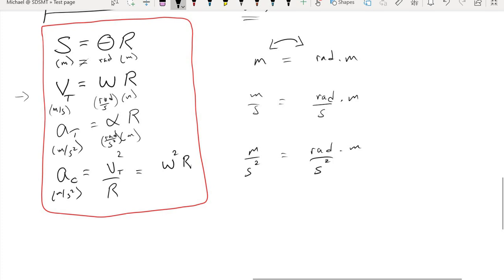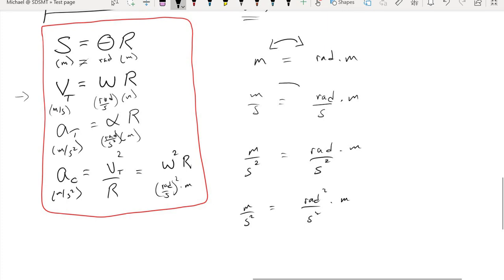And we've got one more combination here. We've got radians per second quantity squared times meters. So we have meters per second squared, radians squared, seconds squared times meters.